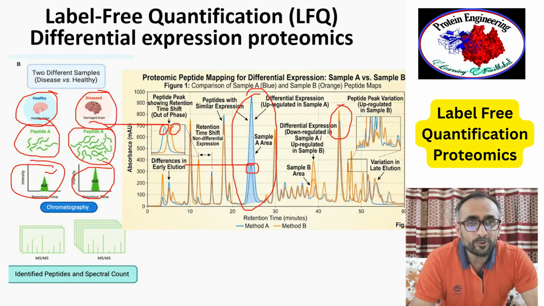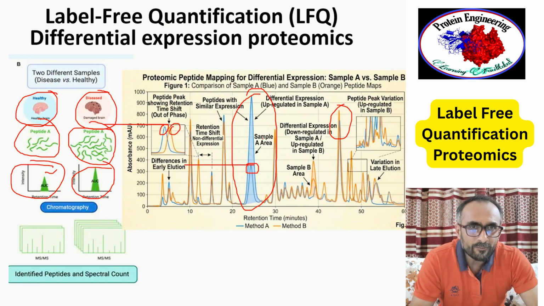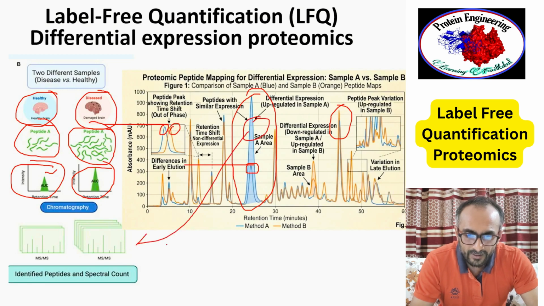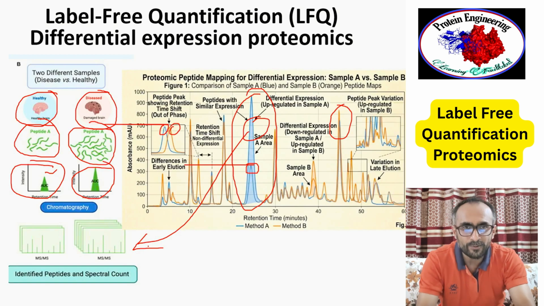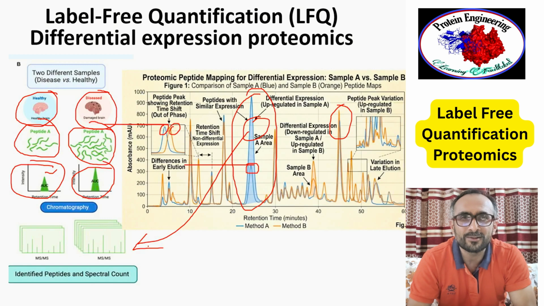So your next objective would be to know what that peptide is which is differentially expressed in both states. You will send this peptide peak to MS-MS, and MS-MS will give you the sequence of this peptide. So from here you will know that this is the peptide which is present in state A in high concentration, in B in low concentration.